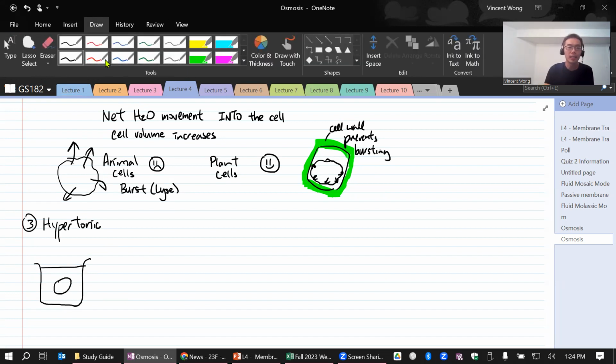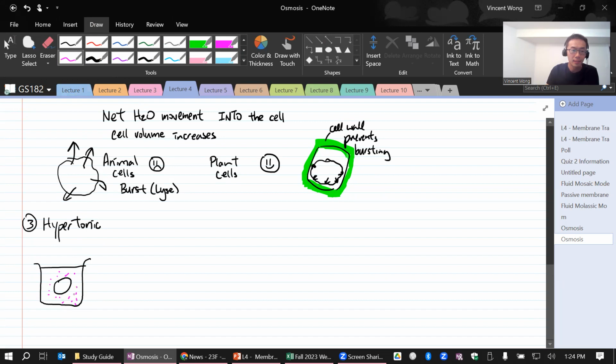In a hypertonic situation, you have more solute outside than inside, right? I hope this conveys the situation to you. Right, so the concentration outside, as in the surrounding environment, is greater than the concentration of the cytoplasm.